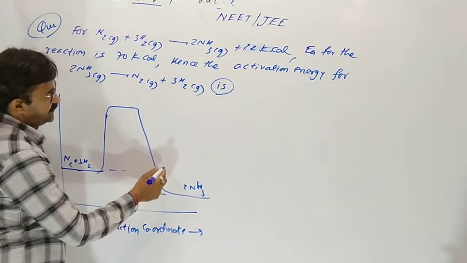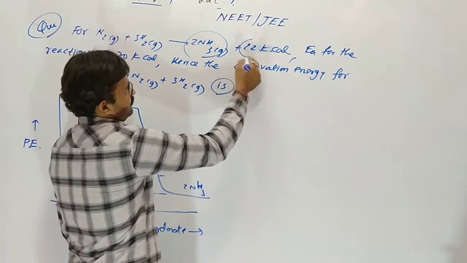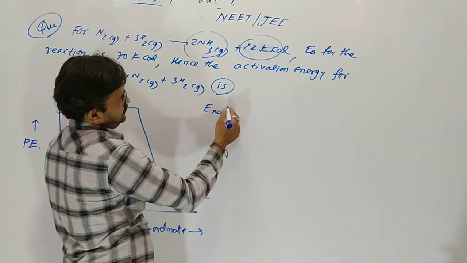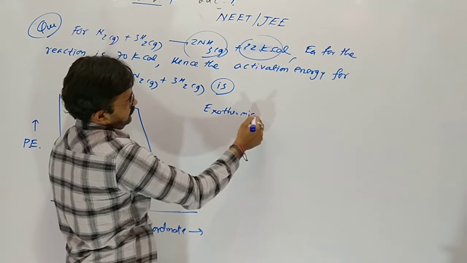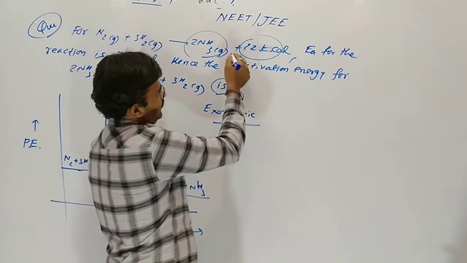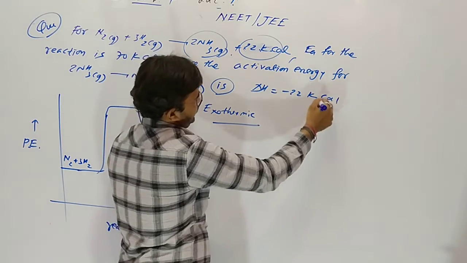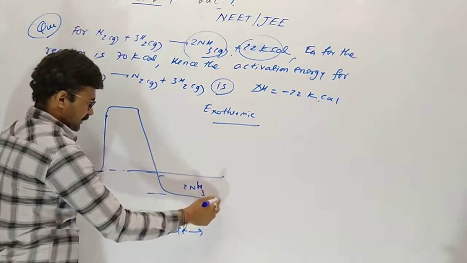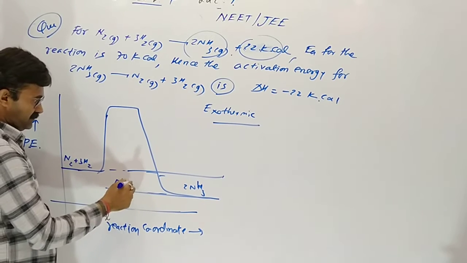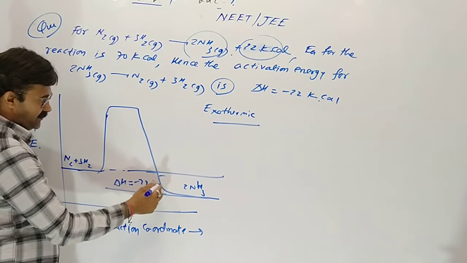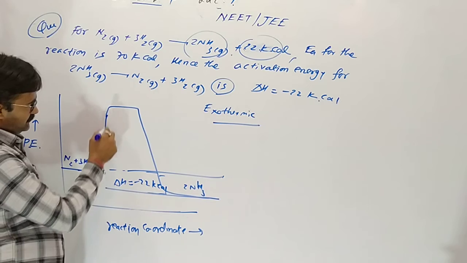Here energy is released with product. So reaction is exothermic. Here is plus, so delta H is 22 kilocalorie. This is our delta H, minus 22 kilocalorie.